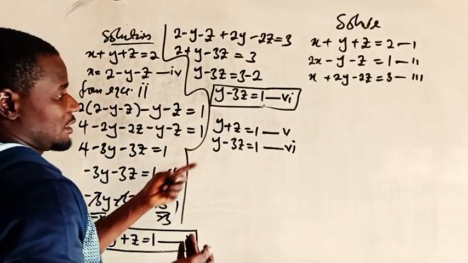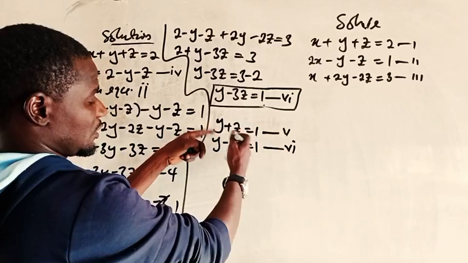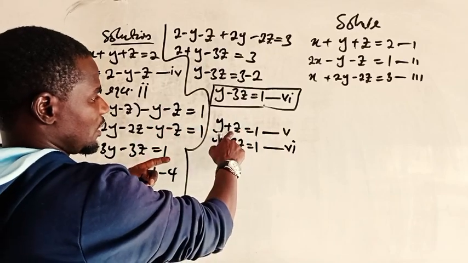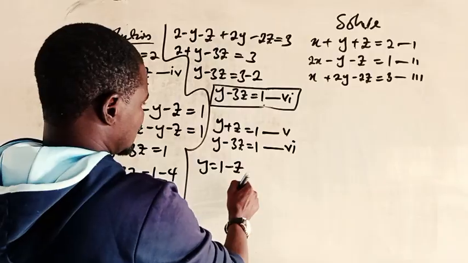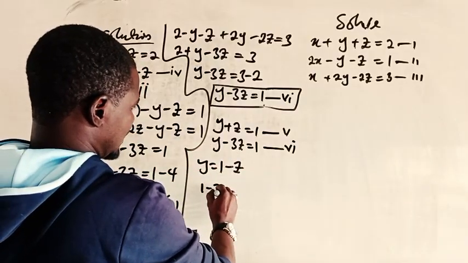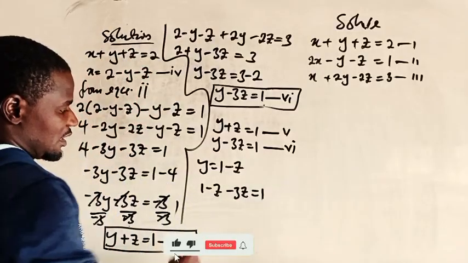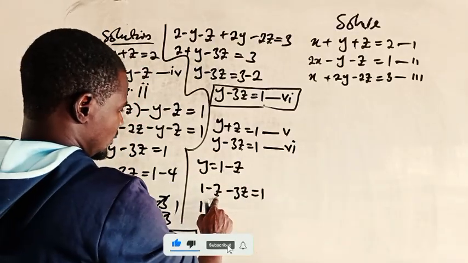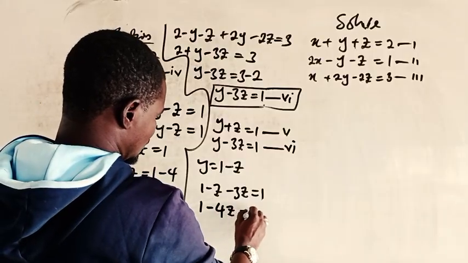Now, since I can use elimination or substitution method again throughout, but here let's make y subject. So we have y equals to 1 minus z. So from equation 6, we remove y and put 1 minus z, minus 3z equals to 1, as you are watching. Now we have 1 minus z minus 3z is minus 4z, remember, equals to 1.